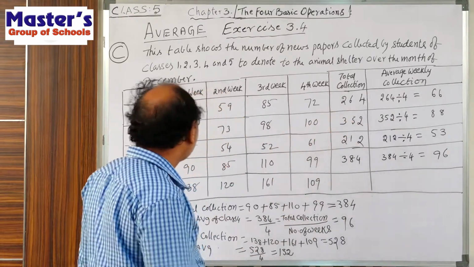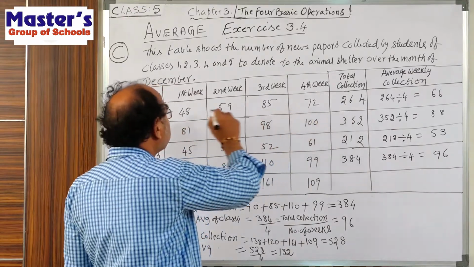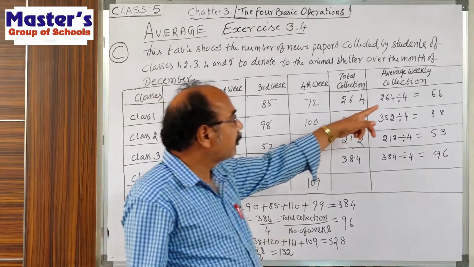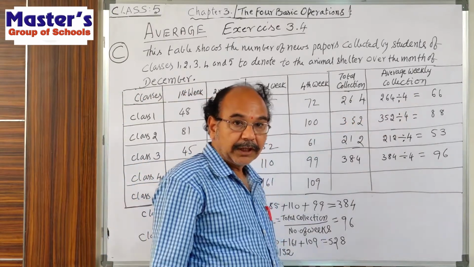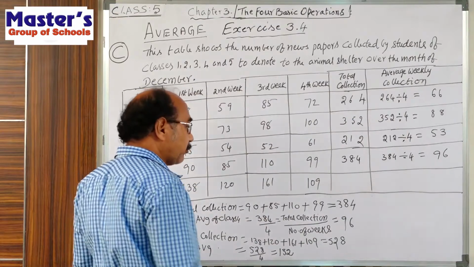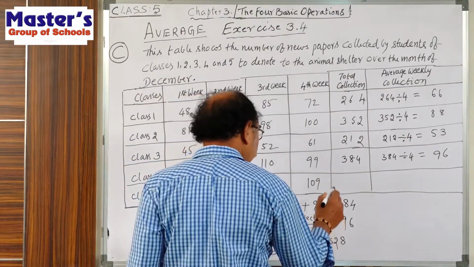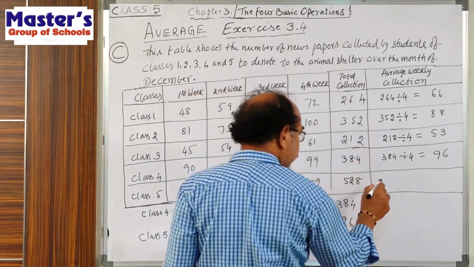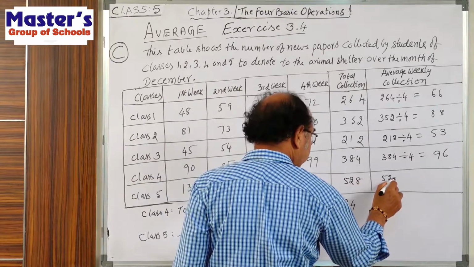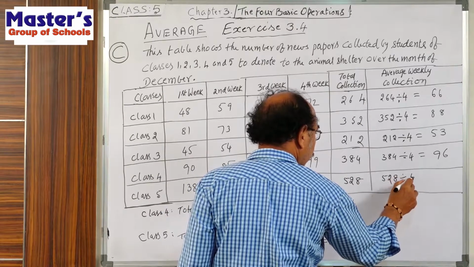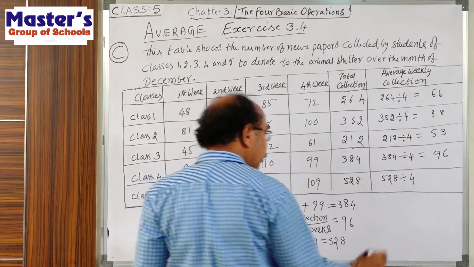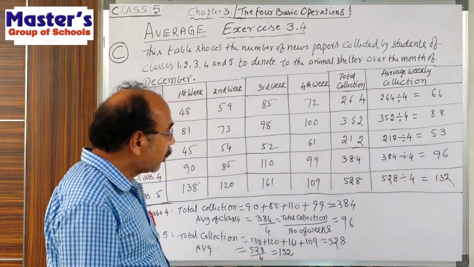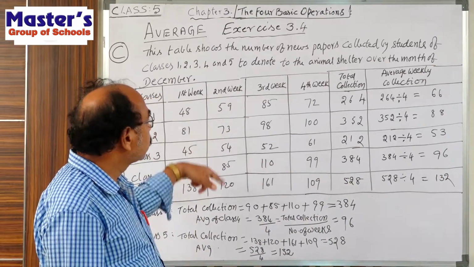You have to tell that all these 4 weeks' collections were added, then 528 is divided by 4. So here for total collection you write 528, and here you show average 528 divided by 4. Okay, children, then 132.